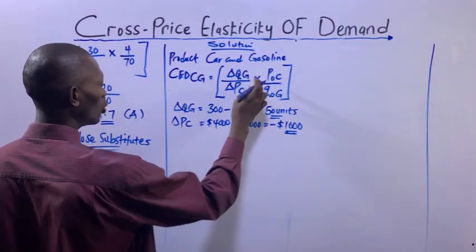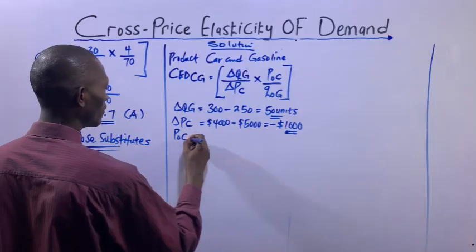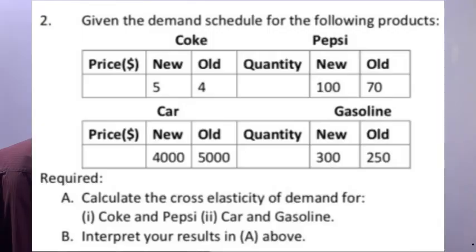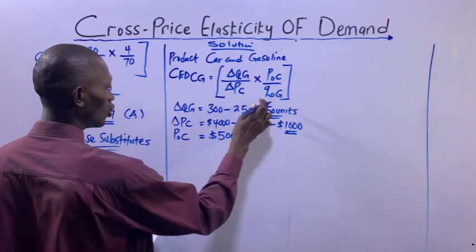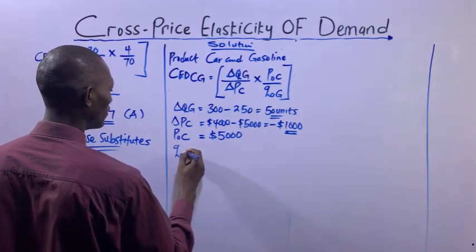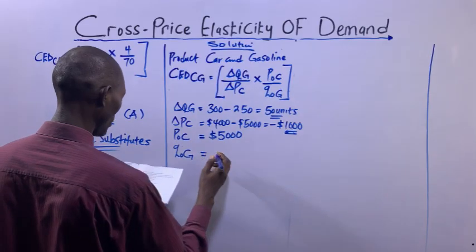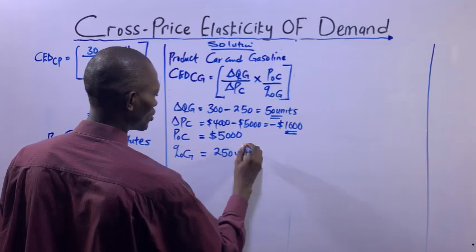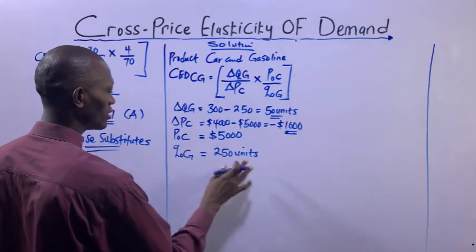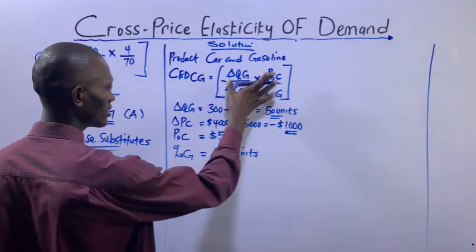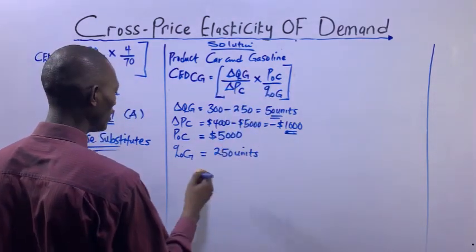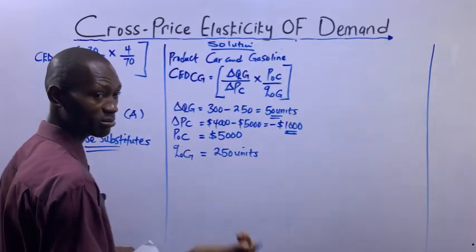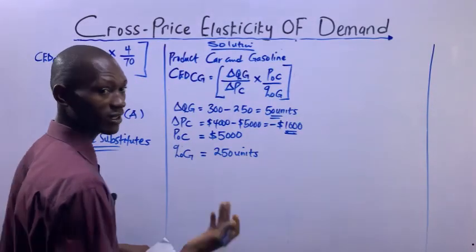Then the old price of car, that's $5,000. Then the old quantity of gasoline, that's 250 units. So now that we've gotten all these variables, let's slot them into this formula and get our cross price elasticity coefficient for car and gasoline.